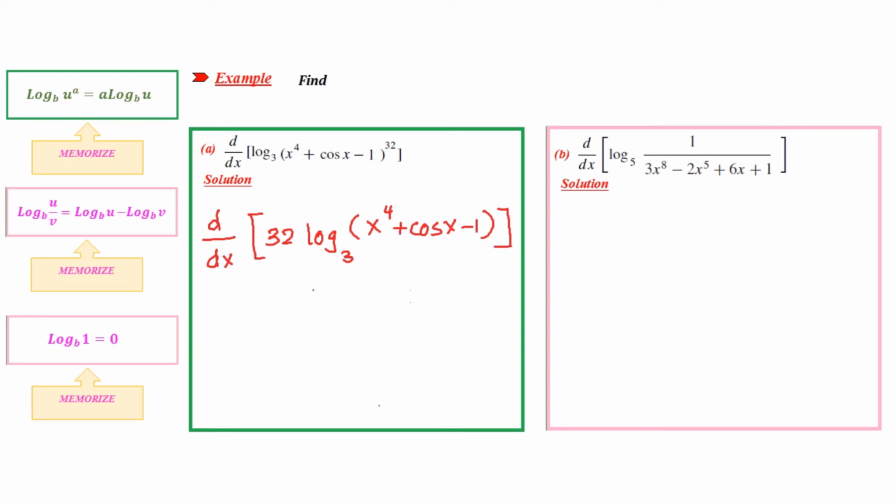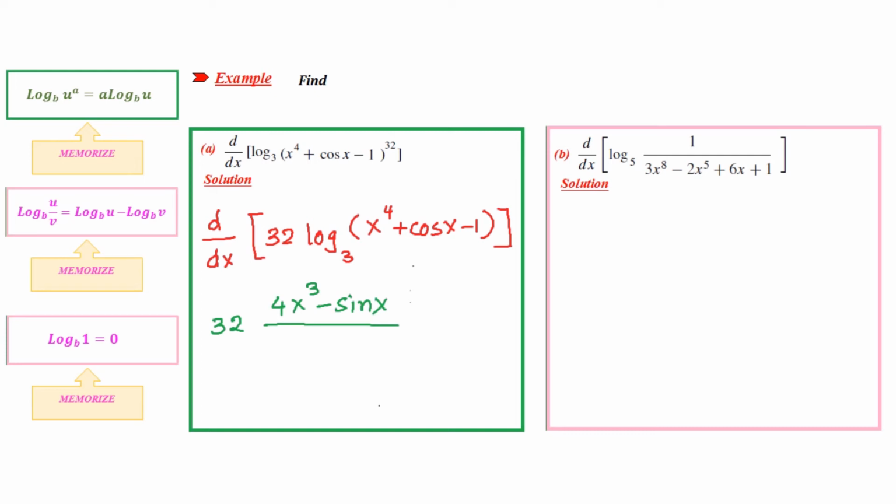Now you can start the derivative because we have a constant multiplied by a function. So we have 32. What is the derivative of a logarithmic function? As you know, the derivative of the inside function, which is 4x to the power 3, and the derivative of cosine is negative sine x.